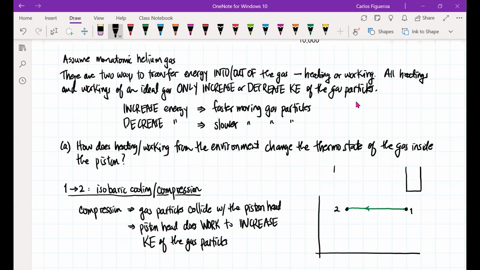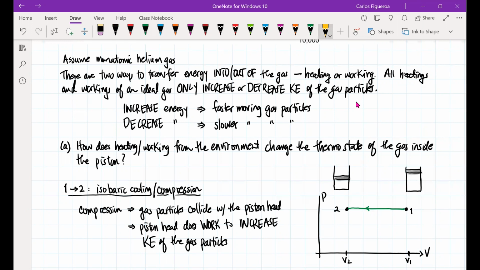And what I'm doing is compressing my piston. My piston head starts off here, and then it moves down to here. There's a compression because you could see that this is volume 2, this is volume 1, and that there's a decrease in volume.